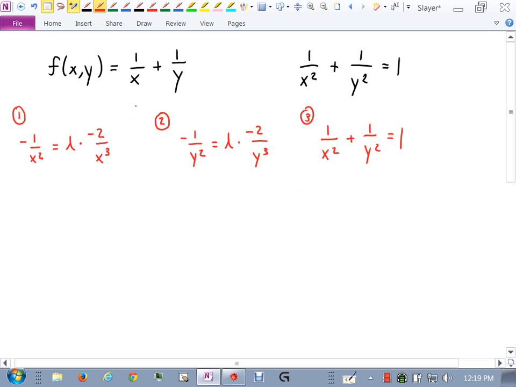Recommendations, suggestions? Anyone see anything we can do here? Multiplying by the largest one, like x cubed on both sides? Is that what you're saying?